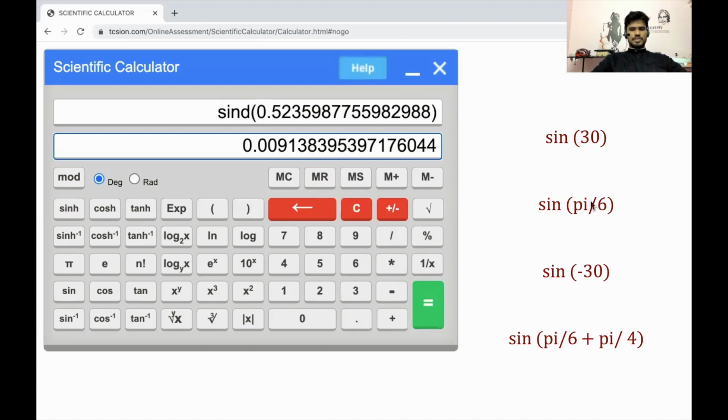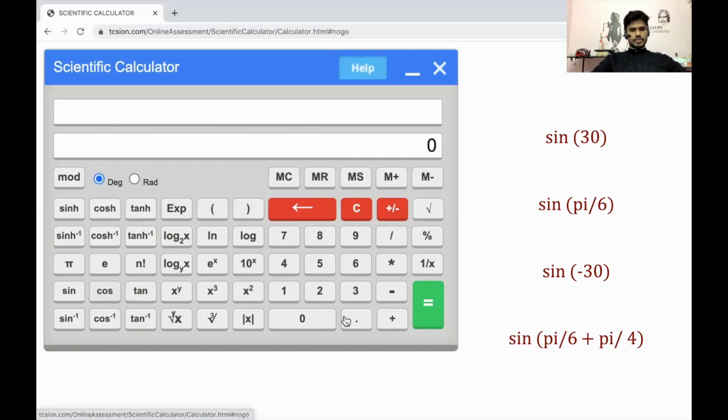What is sine pi by 6? What is going on here is that what we are calculating is sine d, that is sine with degrees as input. Pi by 6 is in radians, right? Pi is like number of rotations, 2 pi is one full rotation. So you have this option to toggle between degrees and radians.